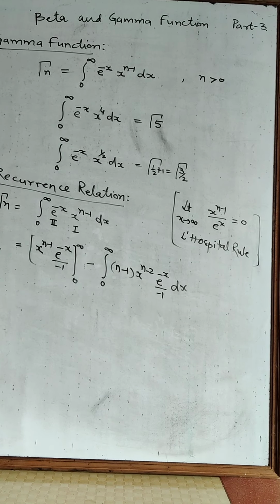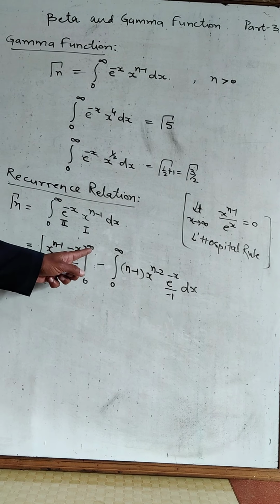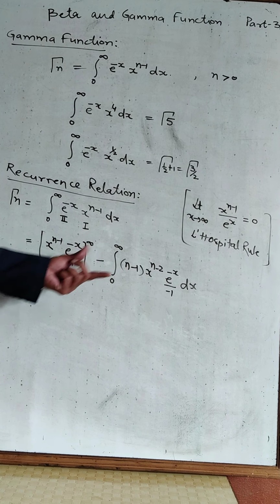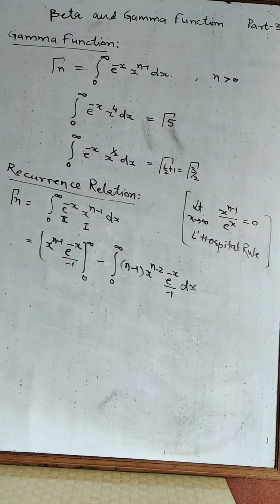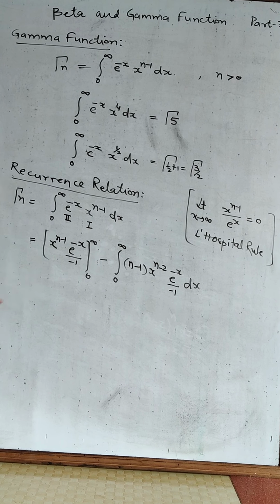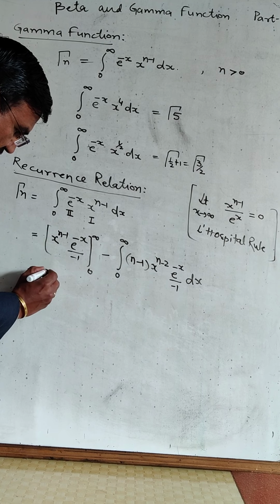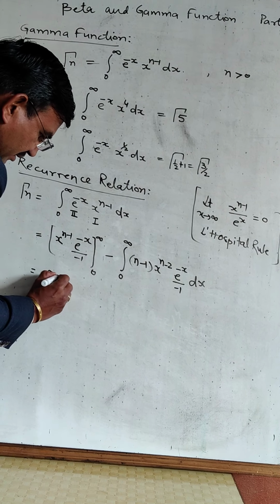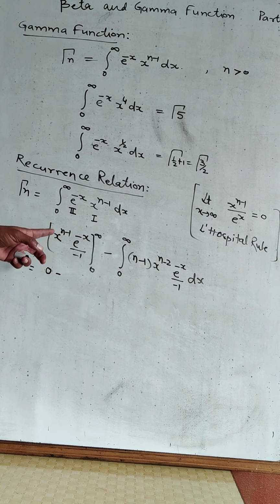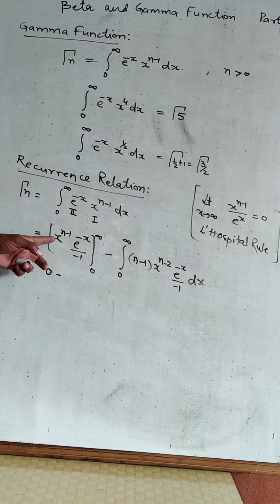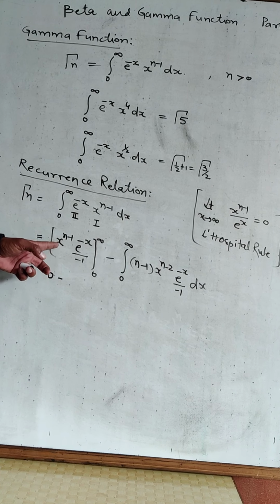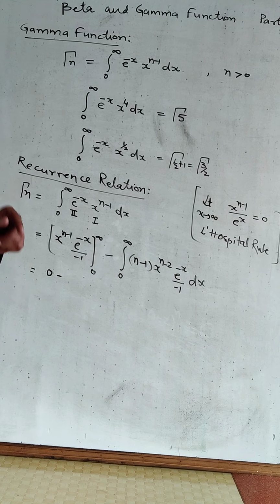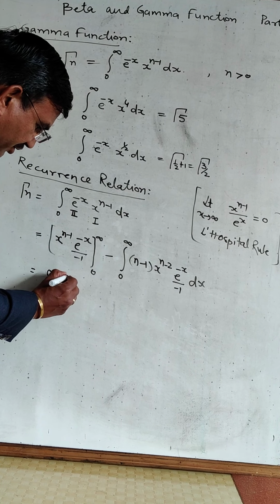So when we put the upper limit, the value would be 0 using this result of the limits by L'Hospital rule. And so when the upper limit is put, it would be equal to 0 minus, when lower limit 0 is put, it would again be 0, because when we put x equal to 0 here, it will become 0, e raised to the power 0 will be 1. So overall it will be 0.